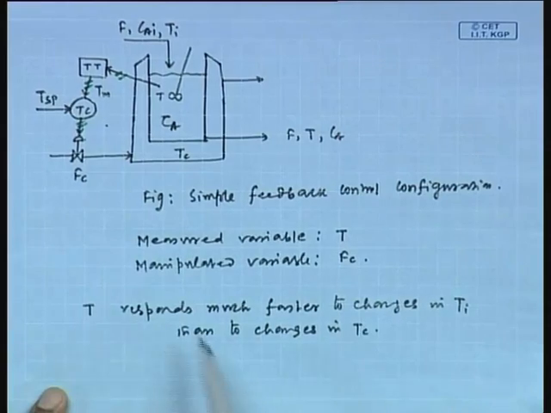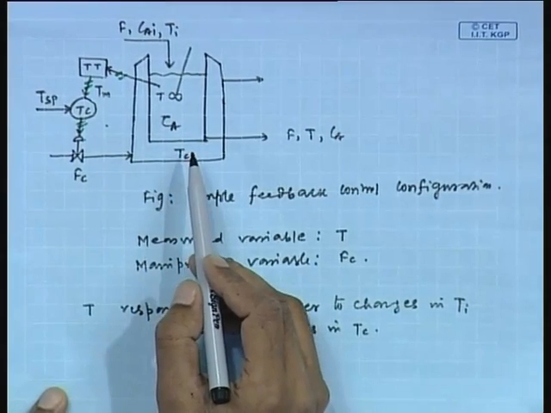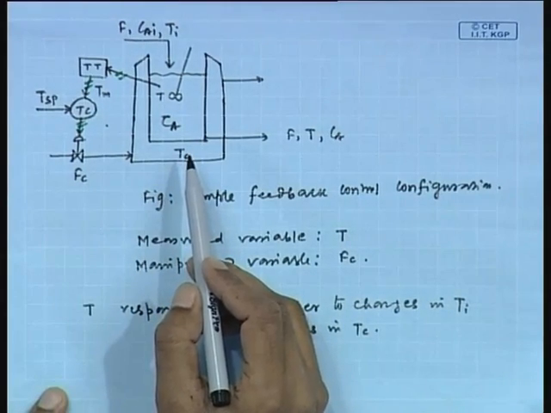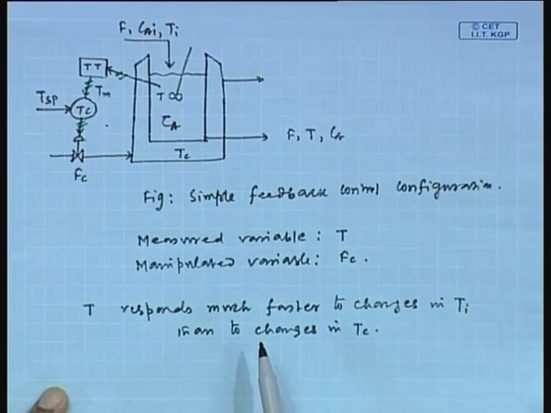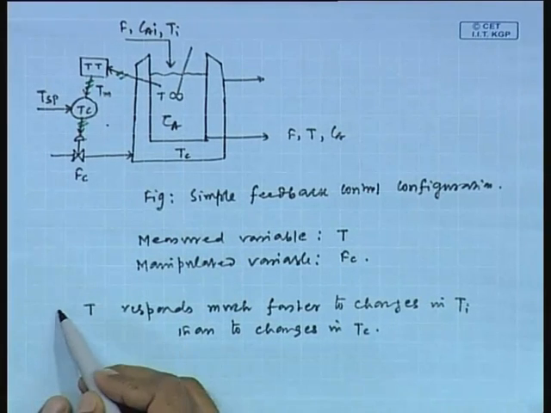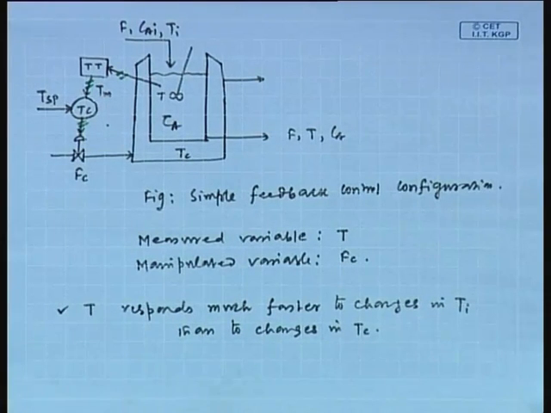Tci is not directly going to the reactor, it is going to the jacket, then the reactor is affected. Therefore, we can say that the reactor temperature responds much faster to changes in Ti than to changes in Tci.